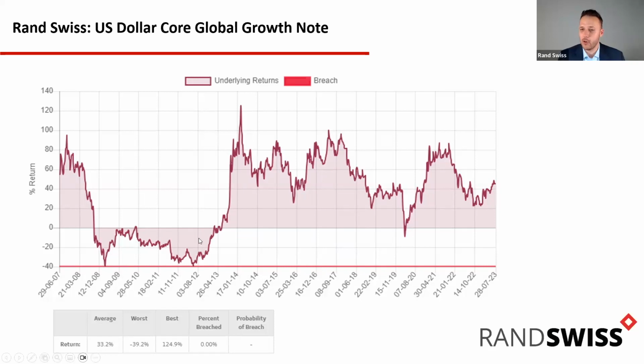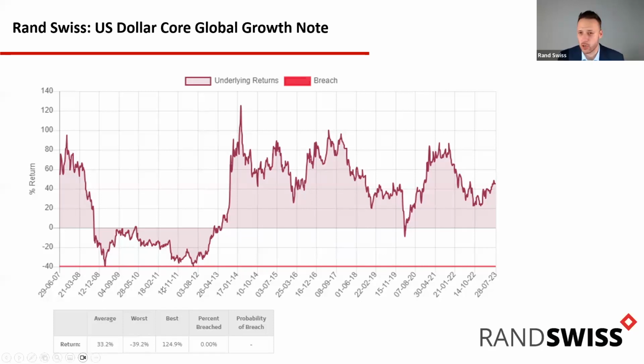If you had just gone into the underlying equity market and said, I want some S&P 500, some Euro stocks, some Nikkei, what would have happened to your returns? You would have ended down over that 5-year period, almost 40%. And that's why the protection is there.